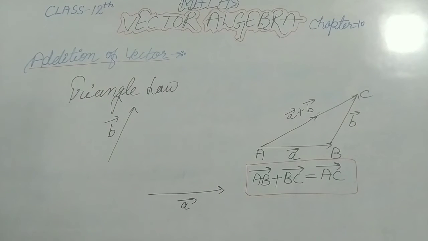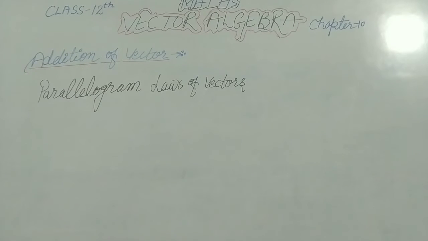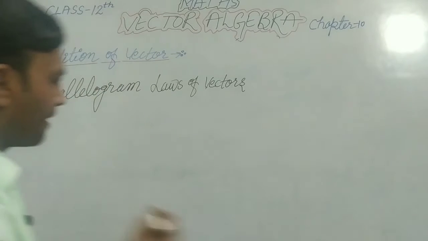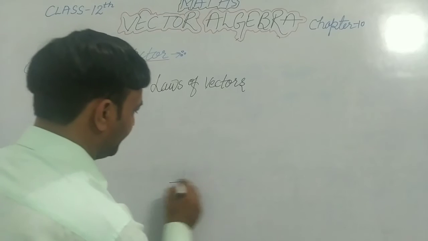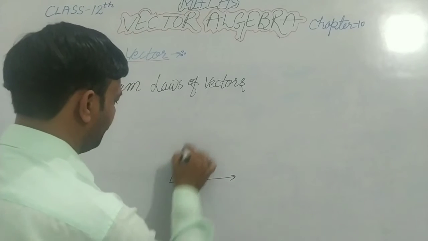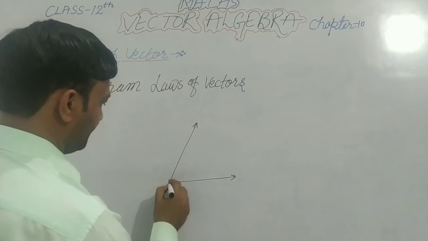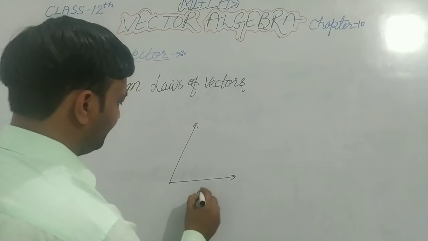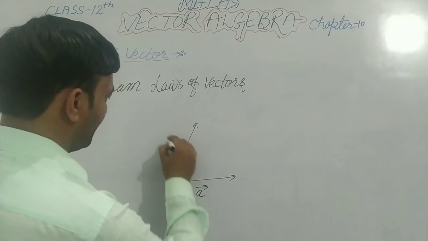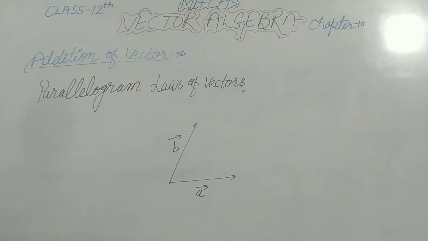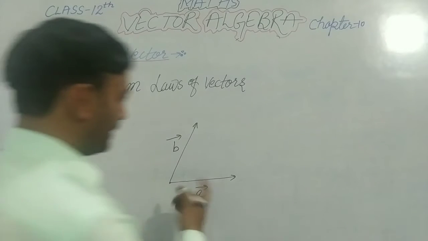Now the second one we are talking about is the parallelogram law of addition of vectors. So what is the parallelogram law of vectors? If we take two vectors in such a way that these vectors are drawn at the same point, then their resultant is denoted by the diagonal.